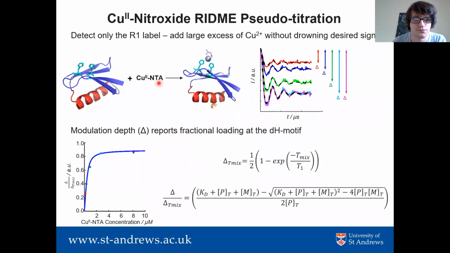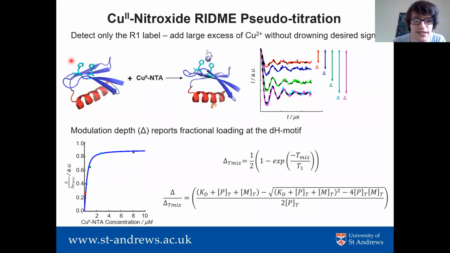So typically we performed these RIDME pseudo-titration series by nominally detecting on the nitroxide, and then systematically increasing the concentration of our copper chelate within our system, so that the intramolecularly bound copper-2 would modulate the detected nitroxide, and this would lead to our modulation depth reporting the fractional saturation of our double histidine motif.